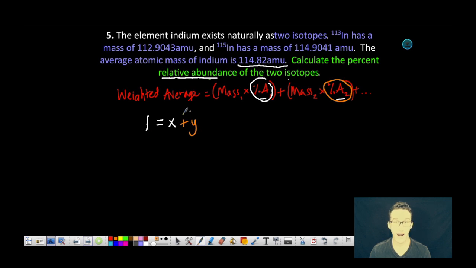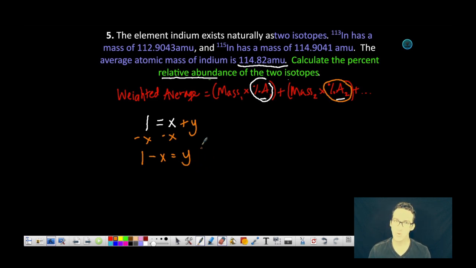That is great, but we'll have two variables in our problem, and it'll be very difficult for us to solve, if not impossible. So to solve that dilemma, we're going to solve this equation for Y. So let's subtract X, and that will give us 1 minus X equals Y.